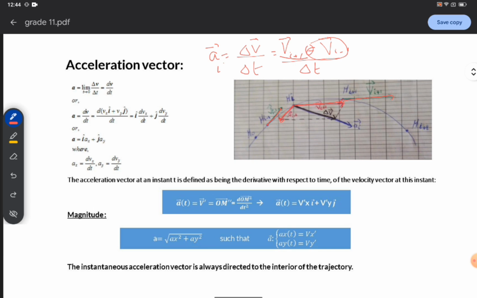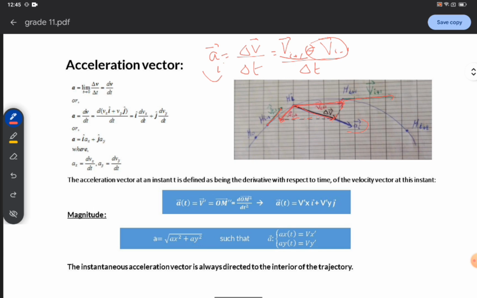Then for vi plus 1 minus vi minus 1, we obtain these two vectors. So the resultant of these two vectors is the diagonal of a parallelogram. Then this is delta v. Therefore, Ai vector has the same direction as delta v. So this is Ai vector.